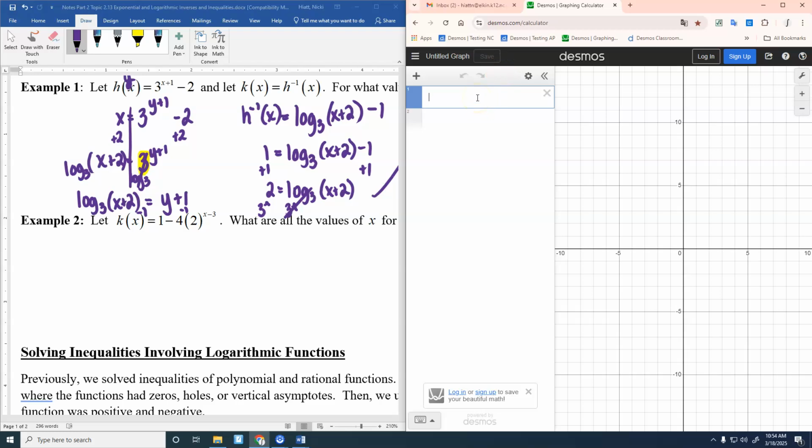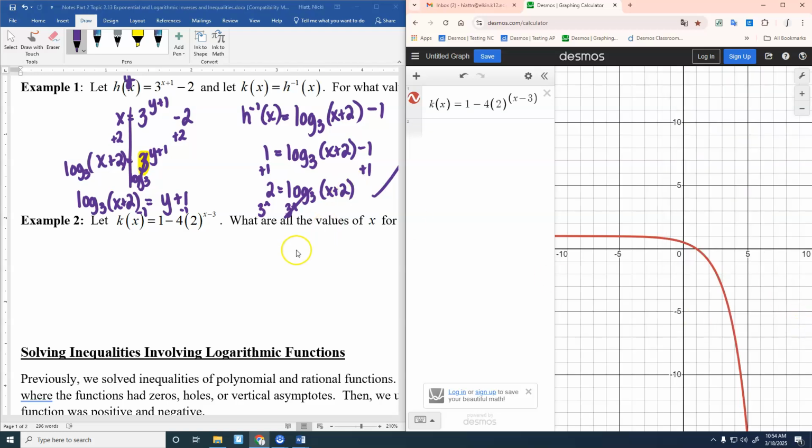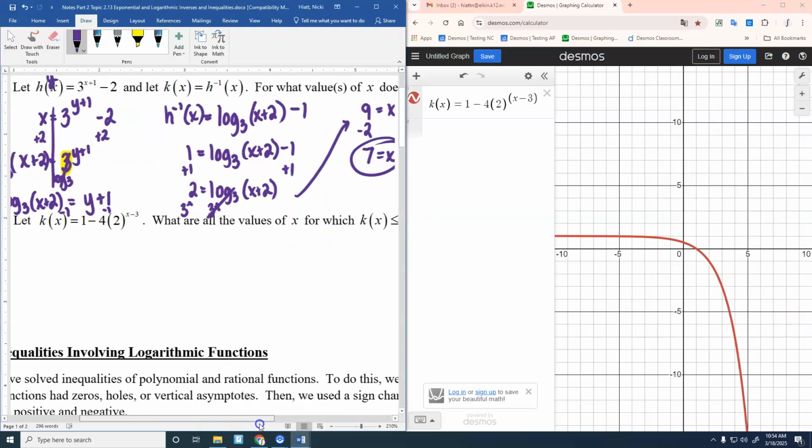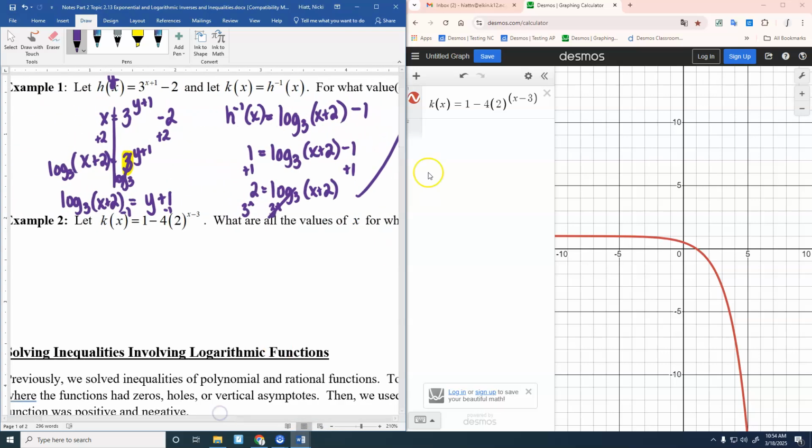If I want to solve this one on Desmos, I would just need to graph it. K of x equals 1 minus 4 times 2 to the x minus 3. And then I am looking for k of x less than or equal to -31.